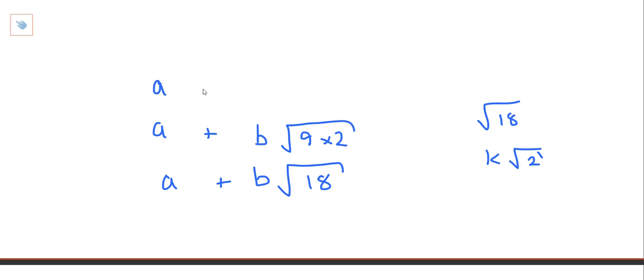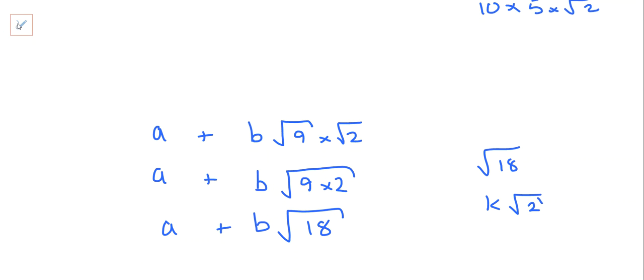I'm going to go even further, so that is now b times root 9 times root 2. We've done this so many times. Then we're going to do, well, a times b. Well, root 9 is actually 3. So I've got b times 3, but I've still got the root 2. Okay. So now I'm kind of in the form.